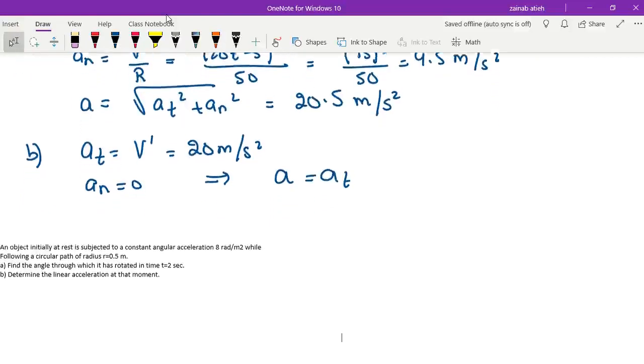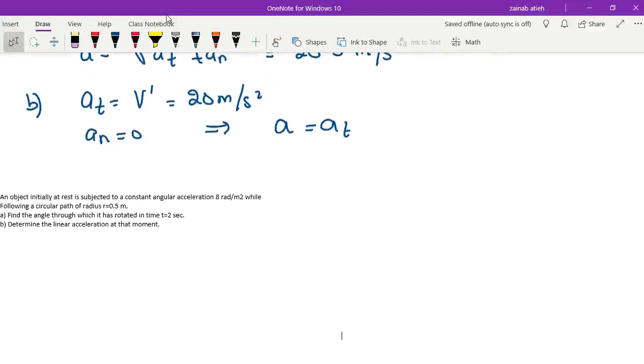Now let me do the next extra. It says an object initially at rest is subjected to a constant angular acceleration 8 radians per second squared while following a circular path of radius r equals 0.5 meter. I will correct this one, it's second squared.